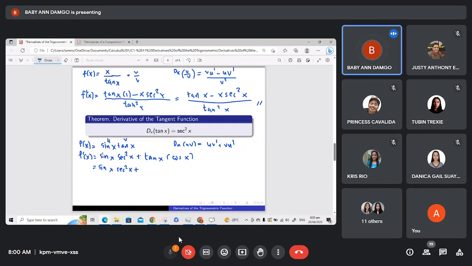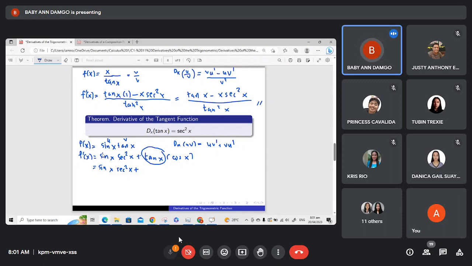plus, okay, unsa gani atong gamiton nga identities diri class for tan x? Secant squared x miss. Wala naman ta nag-derivative na human naman tag-evaluate.